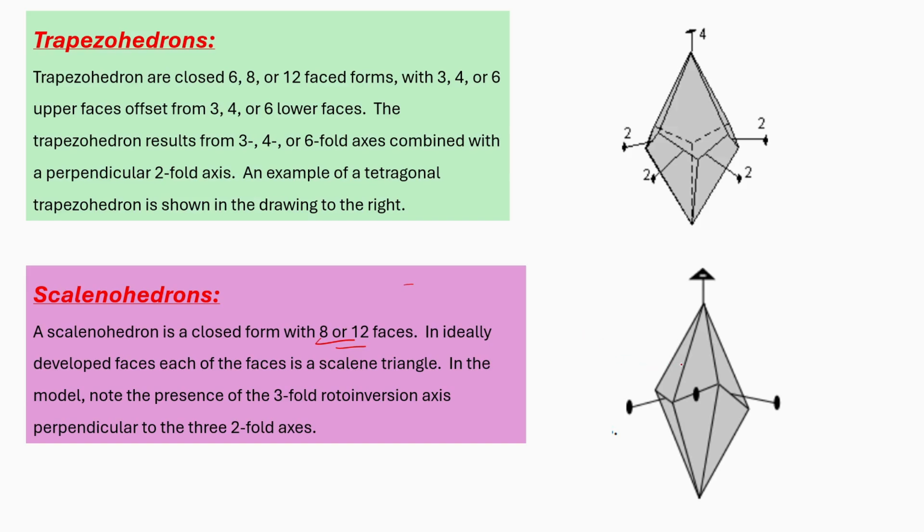Scaleno means you can see from this particular face itself, it should be 90 degrees at one of the corners of the faces. Generally, this is present only where a threefold roto-inversion axis is perpendicular to the 3 two-fold axes. It is present only in such classes.